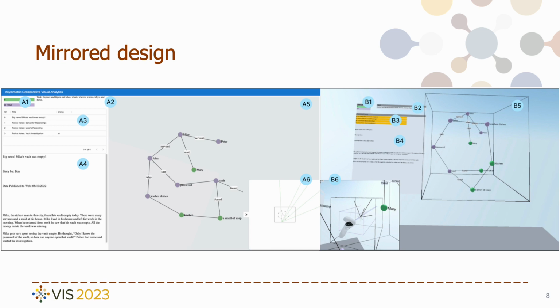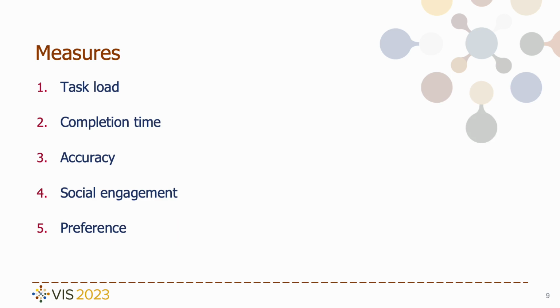The functions provided in both interfaces are identical, except the diagram in PC is in 2 dimensions and the diagram in VR is in 3 dimensions. We measured the task load, completion time, accuracy, preference, and social engagement to understand how people think about the asymmetric setting.